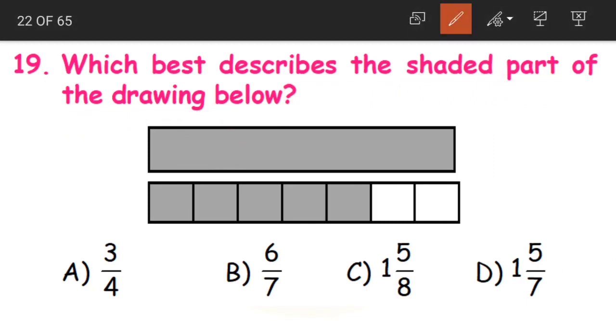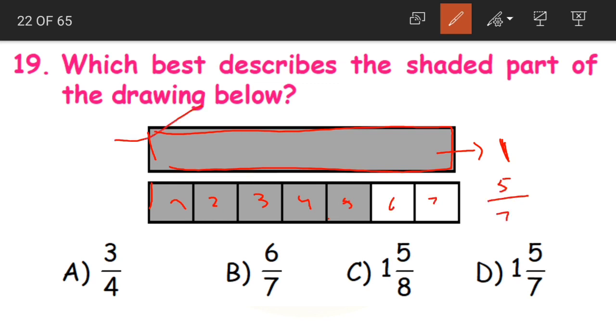Next question. Which best describes the shaded part of the drawing below? Now if you observe, we are having two figures. The one figure is wholly shaded. So what will be the representation for it? We'll call it 1. Why? Because the whole of the figure is shaded. Now coming to the next one, we have 1, 2, 3, 4, 5 shaded blocks divided by 7, that is the total number of blocks.